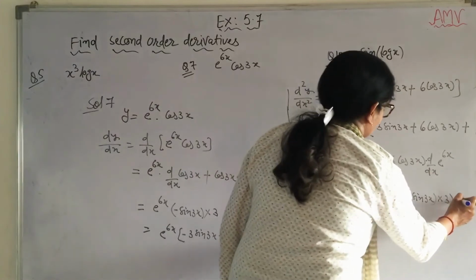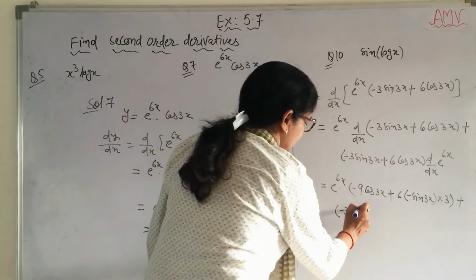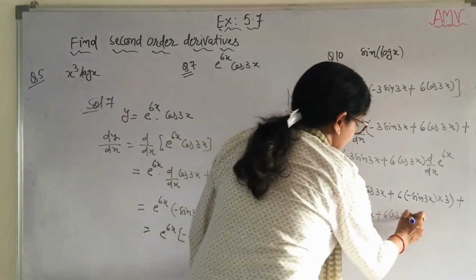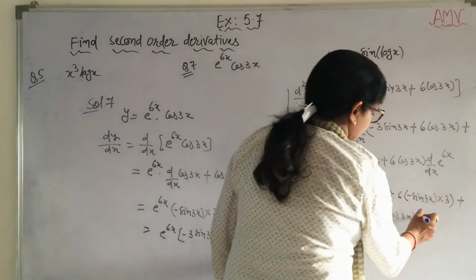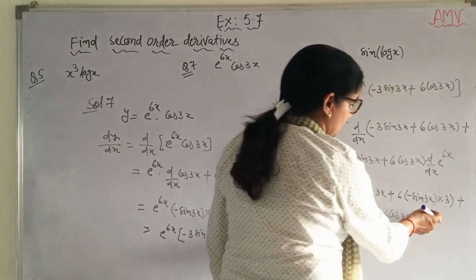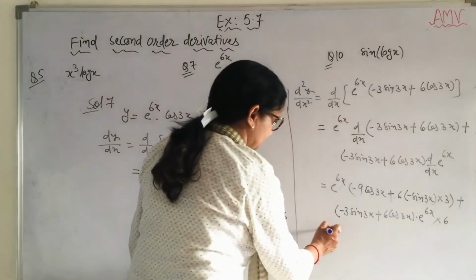Okay, then plus, now students, minus 3 sin 3x write as it is, 6 cos 3x write as it is, derivative of e raised 6x is as it is, e raised 6x, and now derivative of 6x, it is 6.